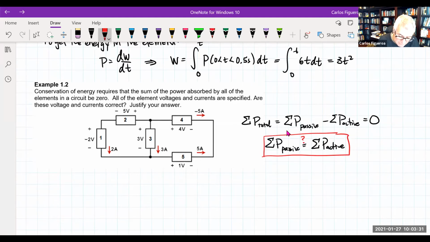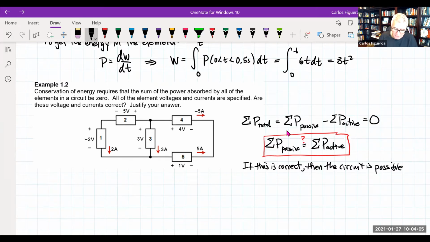If this is correct, and by correct I mean that all of the power absorbed by the passive elements must equal all of the power delivered by the active elements, then the circuit has gone through the first check of whether it could happen or not. If this is correct, then the circuit is possible.